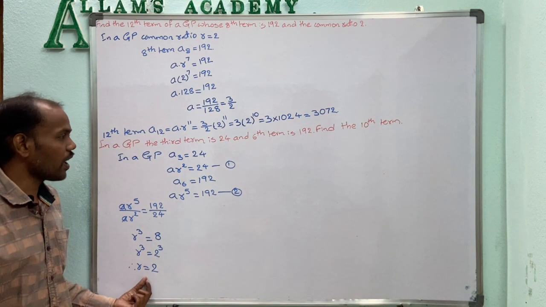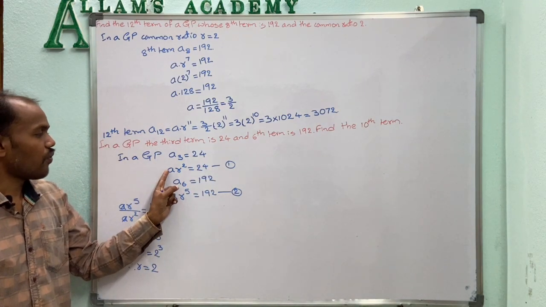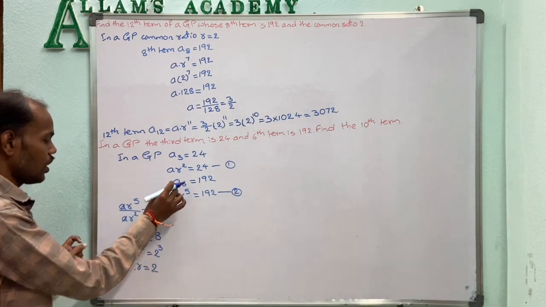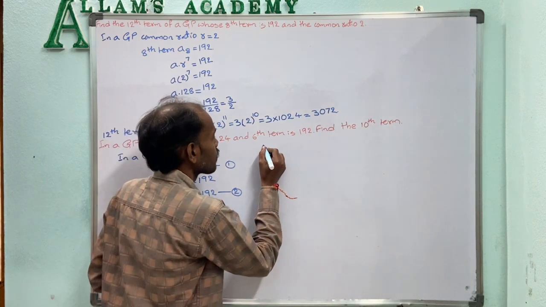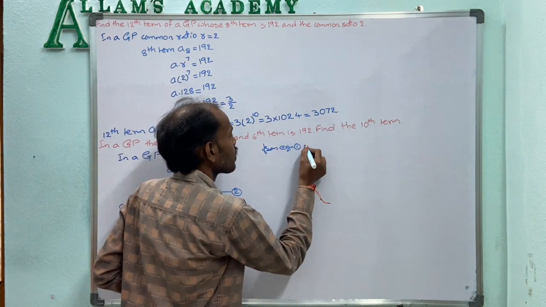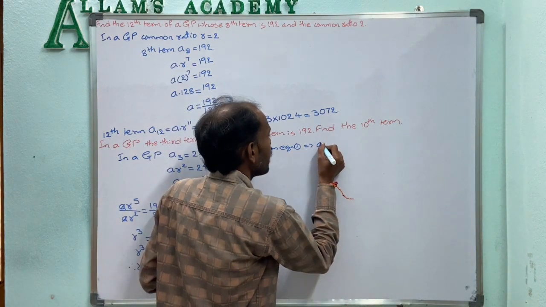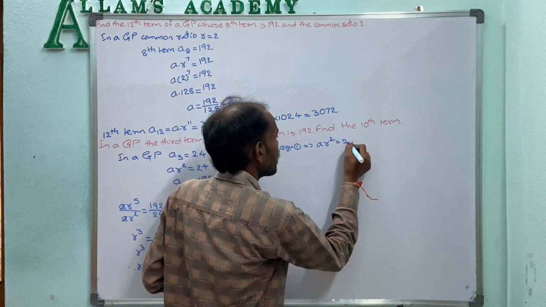Now this r value is substituted in the first or second equation to get the first term a. So if we substitute in the first equation, a into r power 2 is equal to 24.